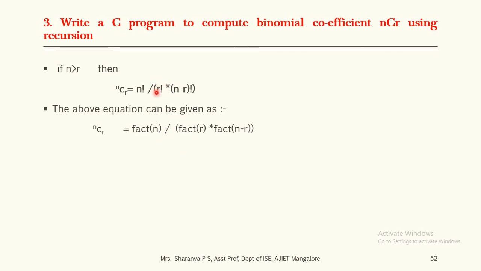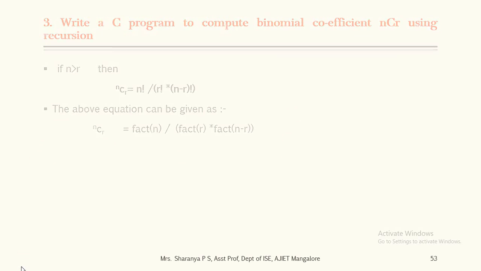And once again we are computing the factorial of r, only the variable name is different, and then once again this is nothing but (n minus r) factorial. We can refer to it once again by using the same function. So this is the recursive statement we use in the functions.